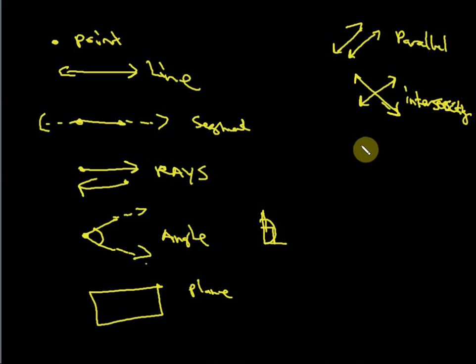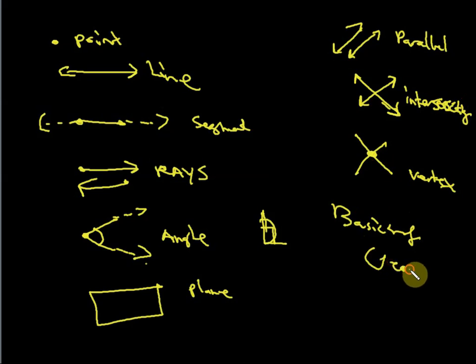Then I also said, well, we got to identify this, which is the vertex. So I threw a lot of terms at you, but hopefully this all makes sense because this is all building on one another, right? So hopefully that helps you understand the basics of geometry.